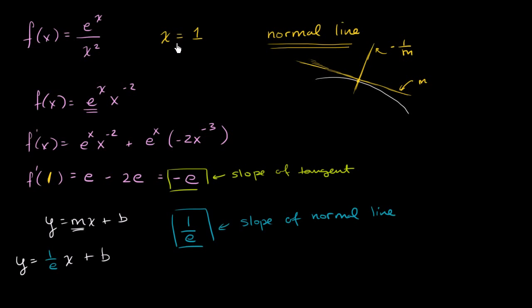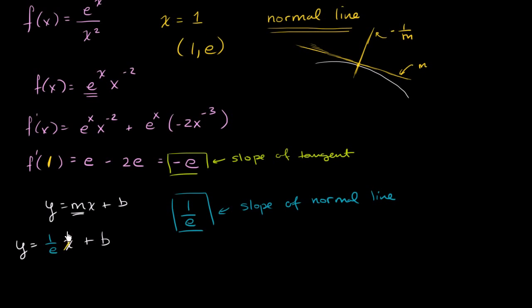This goes through the point x equals 1. And when x equals 1, what is y? Well, y is e to the first over 1, which is just e. So this goes to the point 1, comma e. So we know that when x is equal to 1, y is equal to e. And now we can just solve for b.